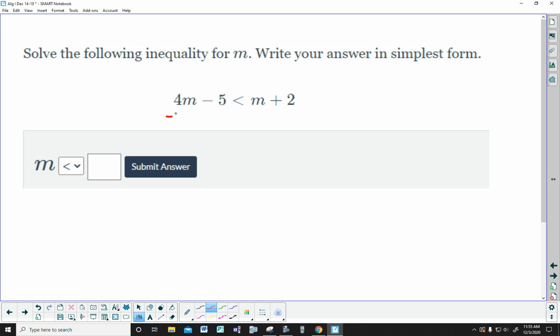Like this. If you subtracted the 4m from both sides, you'd have negative 5 is less than negative 3m plus 2. Eventually, you're going to have to divide by a negative, which means you're going to have to flip the inequality. So let's try it this way.